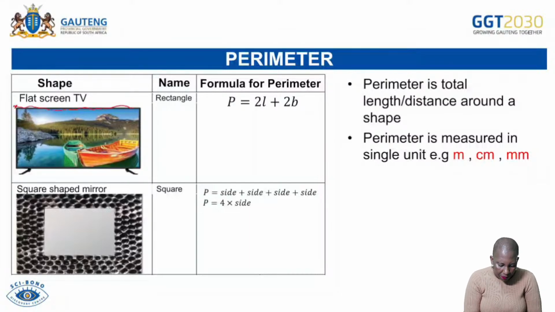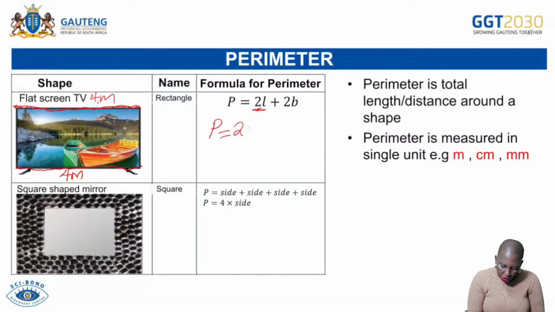This will be the length, and this side is exactly the same as this one. If it is 4 meters, even here will be 4 meters, and that's where the 2L comes from, because it is 4 meters this side, 4 meters this side.